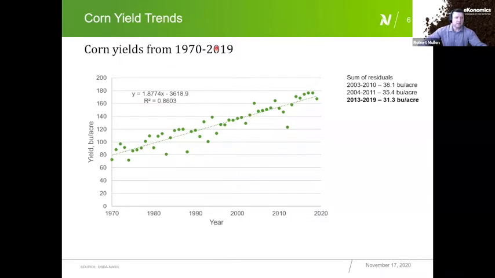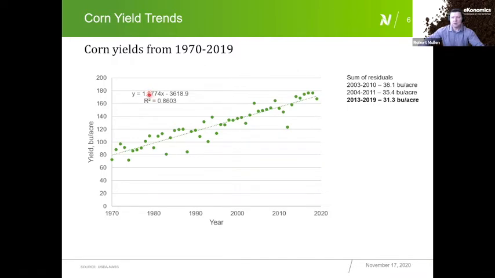So the question is, this graph would indicate a 1.77 bushel per year increase in corn. Actually not quite. That's the multiplier in the equation. So this 1.84 would be multiplied by year, but then I have to subtract out this intercept. So it doesn't quite work out to 1.77 bushels per acre per year. Actually, I didn't do that math. I could, if you give me a little bit of time at the end, run through that pretty quickly and show you.